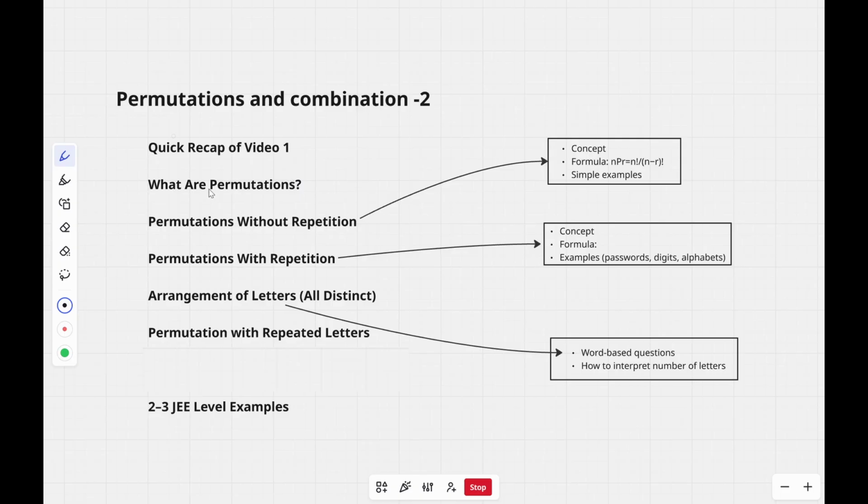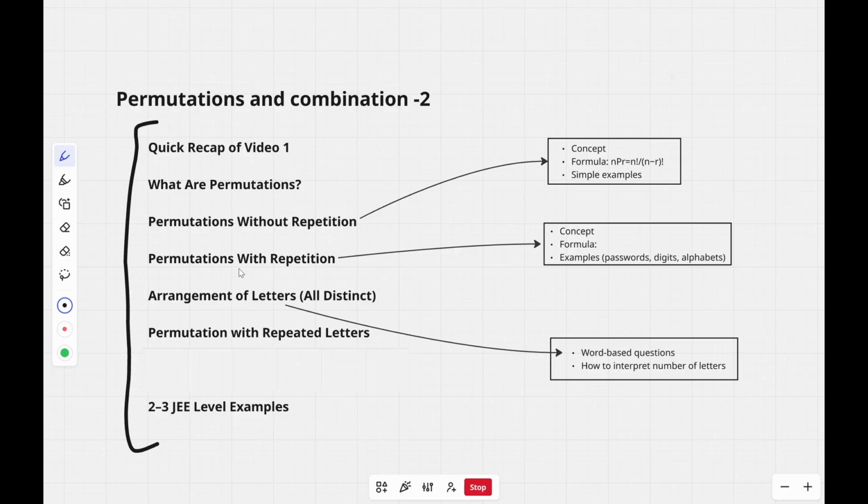So in today's video, these are the topics we are going to cover. First, we'll have a quick recap of video 1. Then we are going to talk about what permutations are. Then we'll talk about permutations without repetition and with repetition too. For without repetition, we'll see the concept, the formula, and some simple examples.